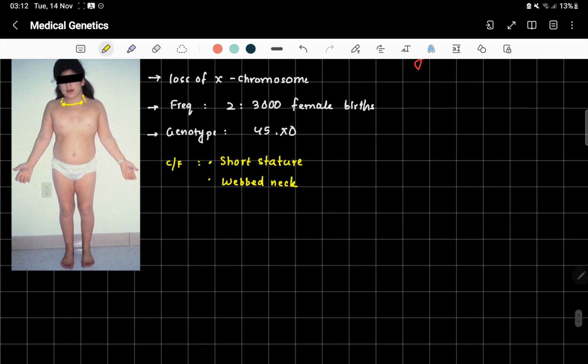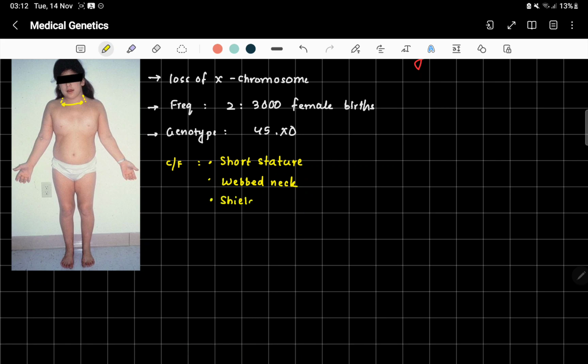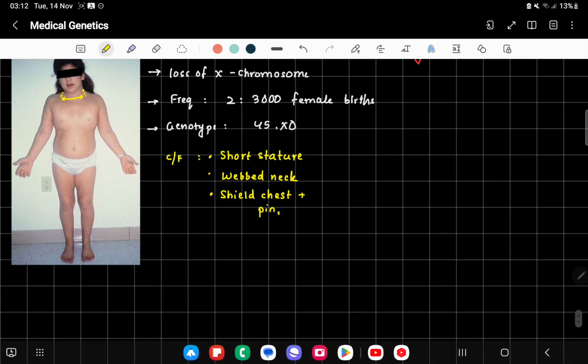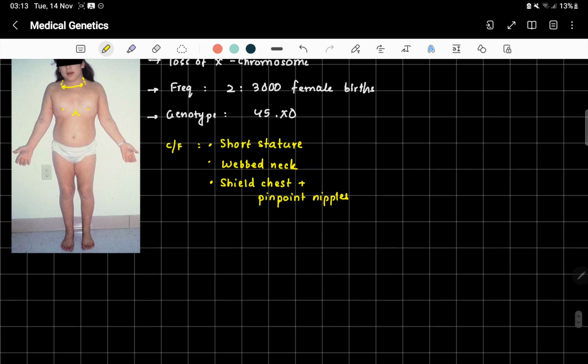And again shield chest with pinpoint nipples. The chest is shield-like, with the nipples pinpoint, just protruding out. And infantile genitalia or infertility must be there, because there is loss of femininity.